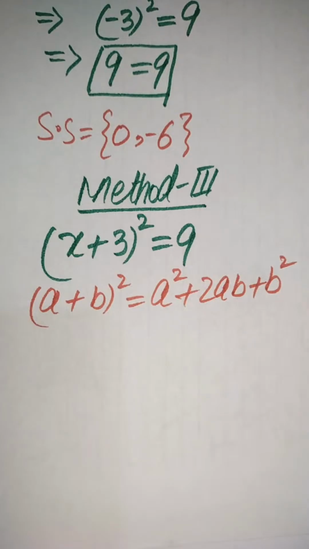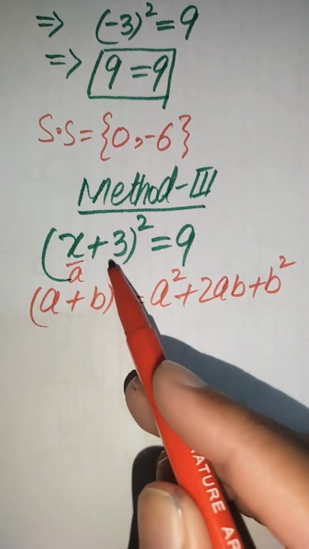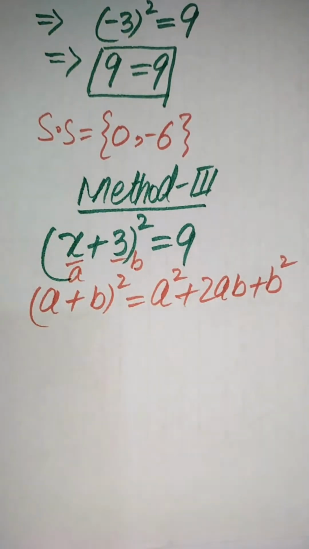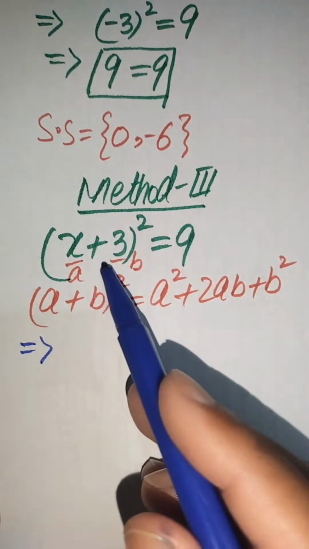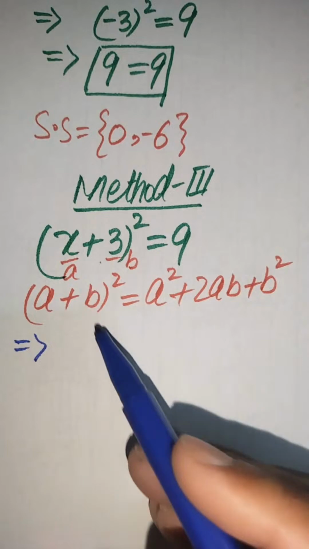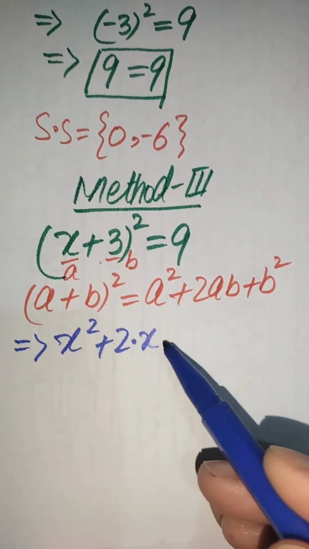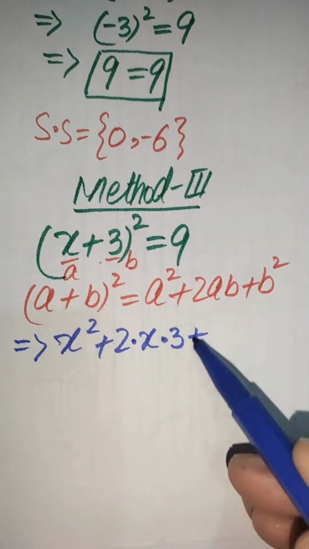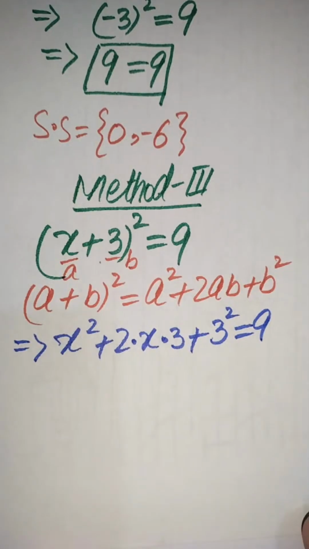If you see here, our a is x and our b is 3. So according to this, we apply the formula to the left hand side. After applying it, it will be written as x² + 2 times x times 3 + 3² = 9.